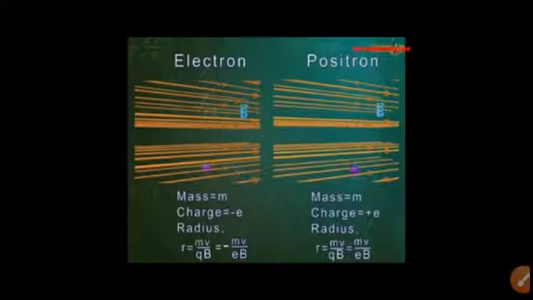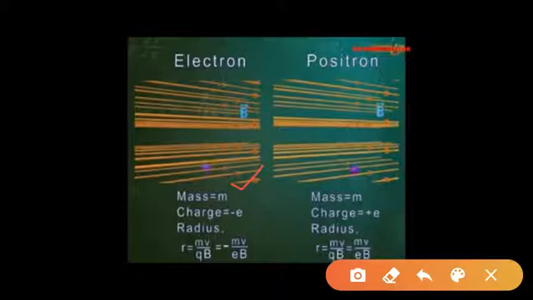Both electron and positron are having same mass and same charge value, but sign only will be different. Electron will be having negative sign and positron will be having positive sign. And here the case you can see, for electron mass is m, charge is minus e, therefore radius will be minus mv by eB. And here again mass is m, charge is plus e, therefore radius will be plus mv by eB.